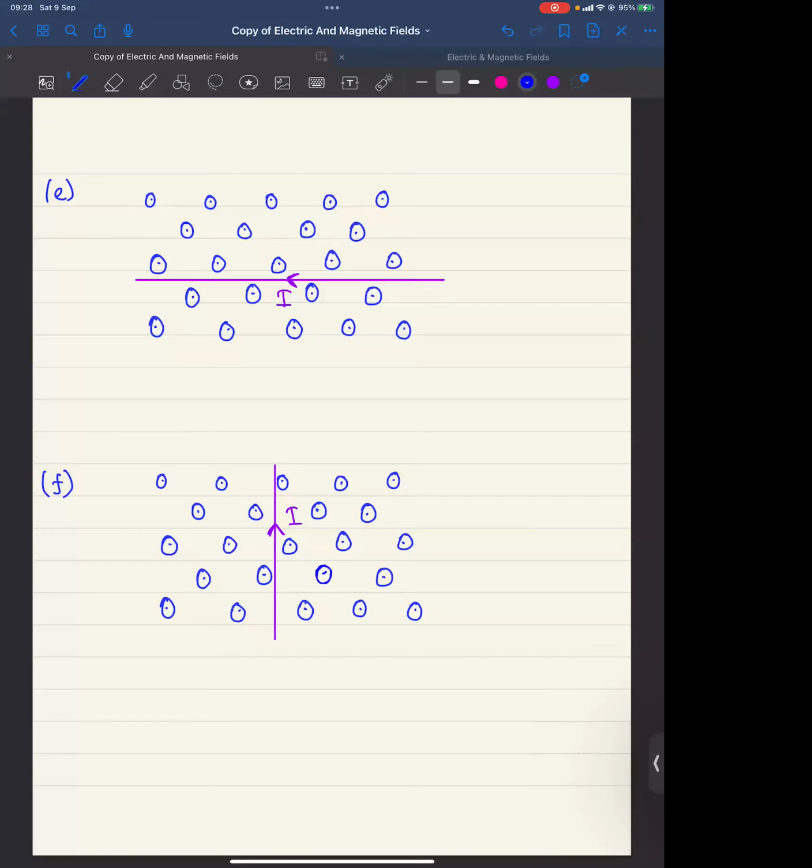So upwards and then right. In part E, because the magnetic field is out, current is to the left, force will be upwards. Agreed? Force will be upwards. In part F, magnetic field is out, current is to the up, force is to the right.